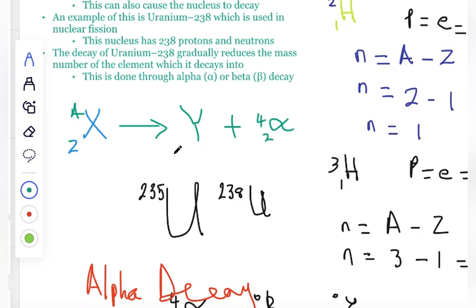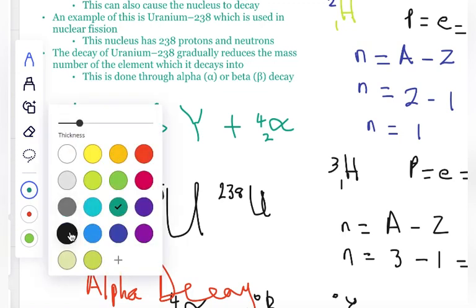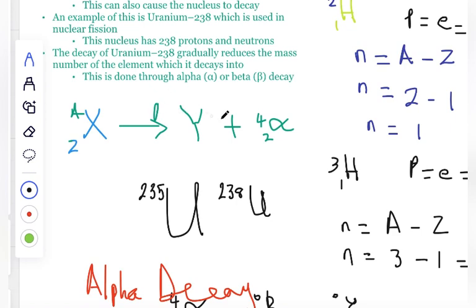So when you know this, then to get here, you must say A minus 4 to get the mass of the daughter. Why do we say A minus 4? Because the mass on the right must always balance the mass on the left. Meaning you subtract this 4 away from whatever is here.